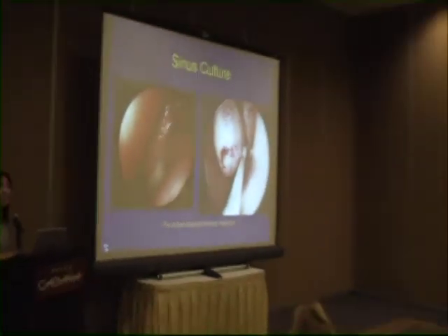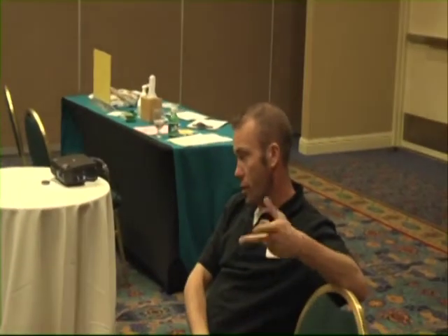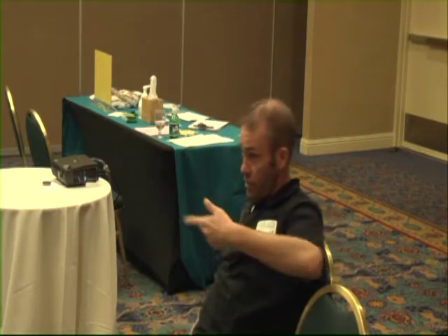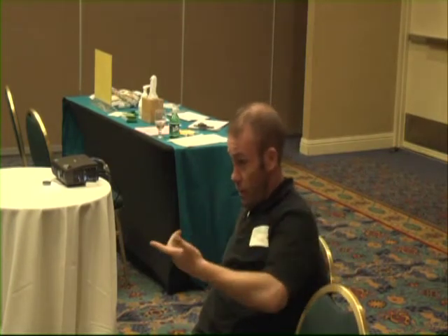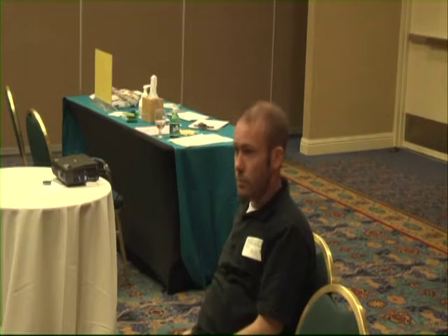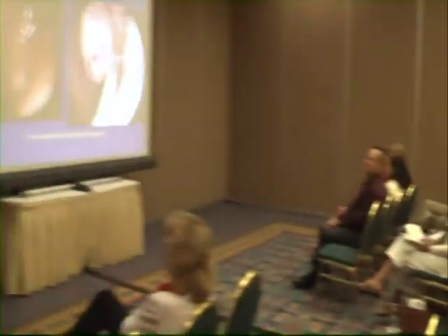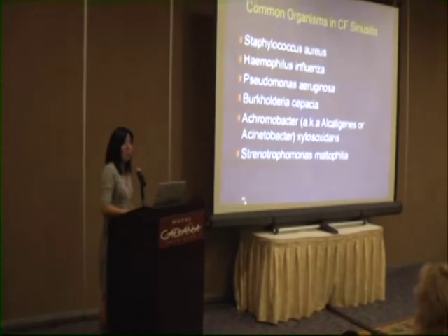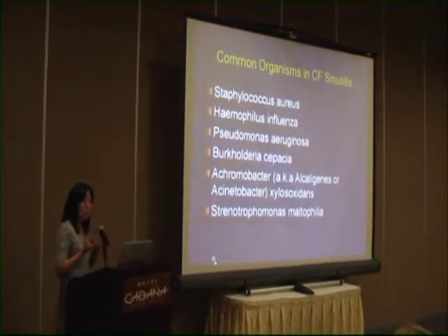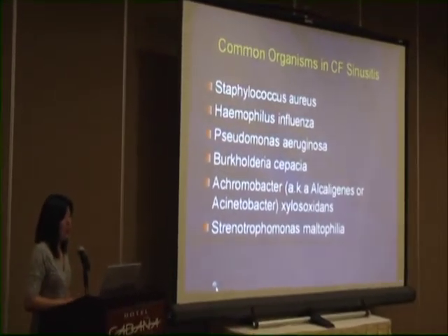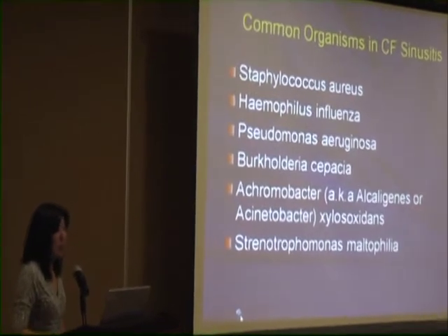Yes? About the different specimens, are they treated like Stenotrophomonas and things like that? Do you see a lot of those smaller bacteria, or are they just pretty much Pseudomonas and Staph? The ones we listed here are the common ones. We do see some rare ones, but the common ones, I would say, are the top three.